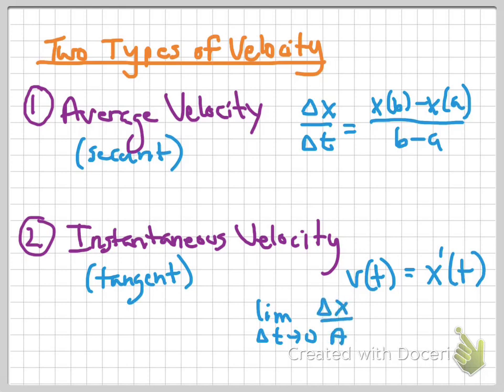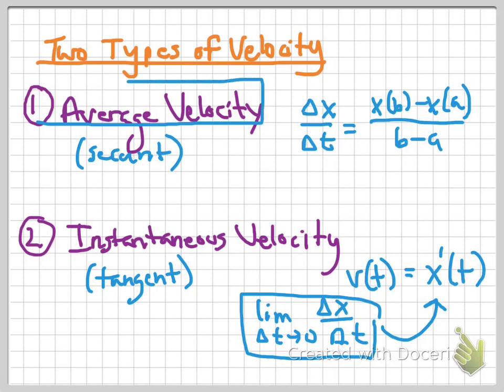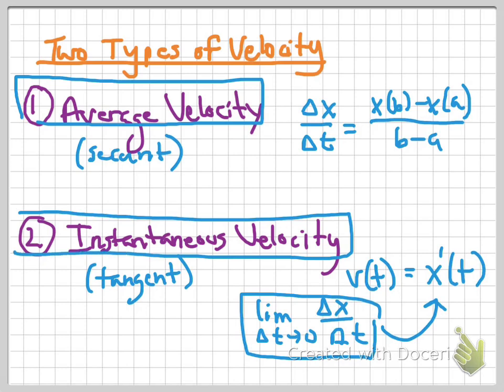If you're going to do the old limit process, you'd be setting it up kind of like this. And this old limit process way is really the way of finding the derivative. So instantaneous velocity requires a derivative. Average velocity, anybody can do, you don't need any derivatives for. So these are your 2 types, instantaneous and average velocity.